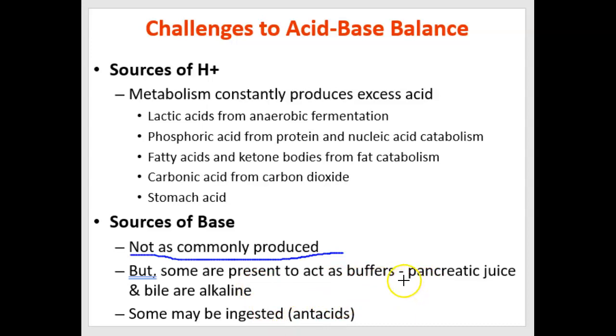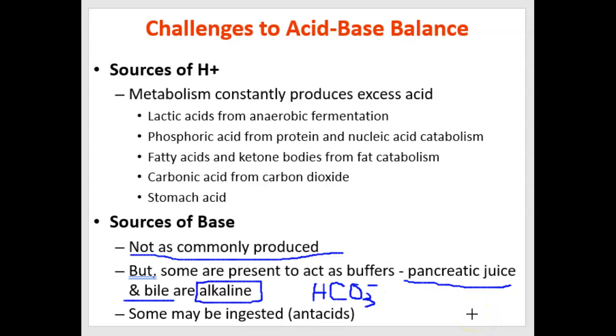For example, remember that pancreatic juice and bile are both alkaline. And so they have bicarbonate in them, which is an anion that can bind to hydrogen ions. This is bicarbonate ion here.